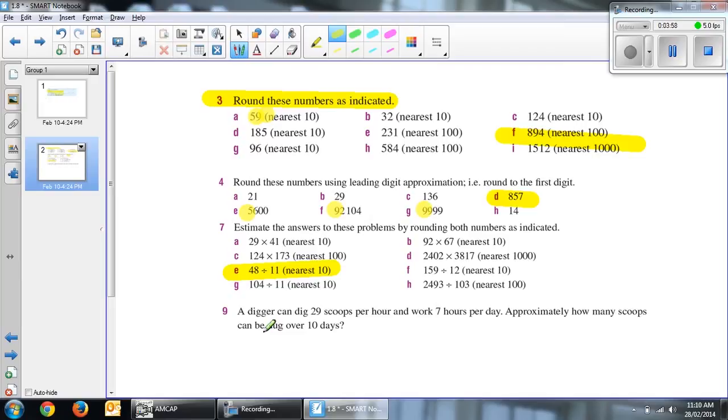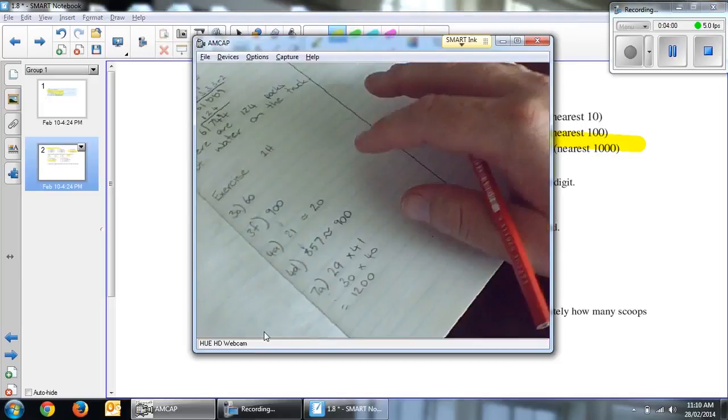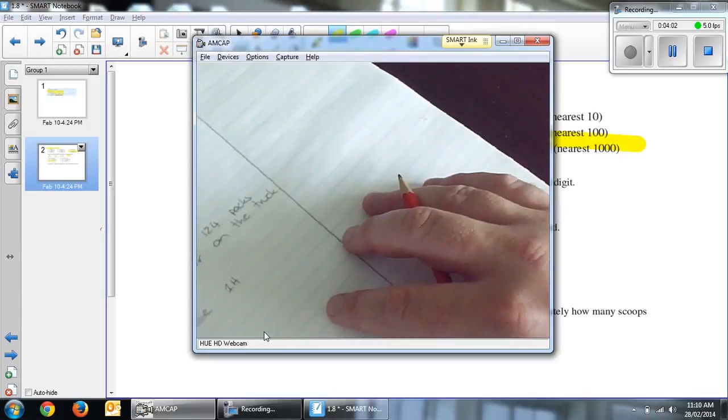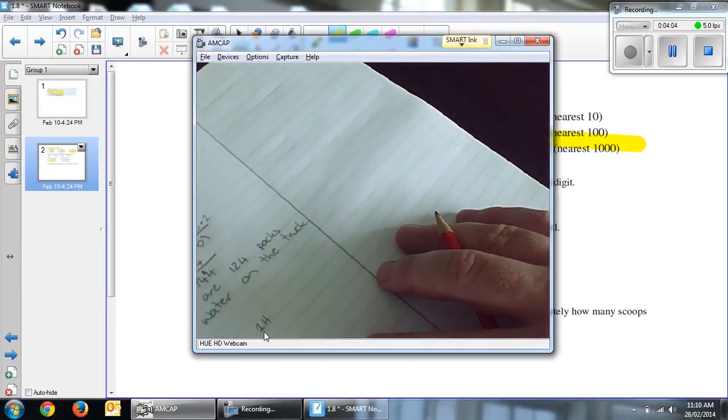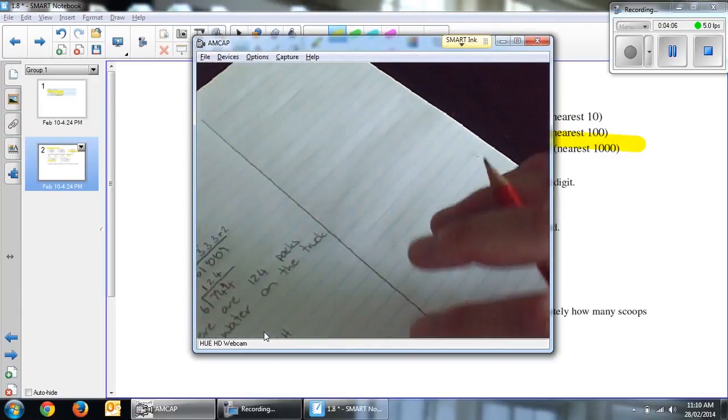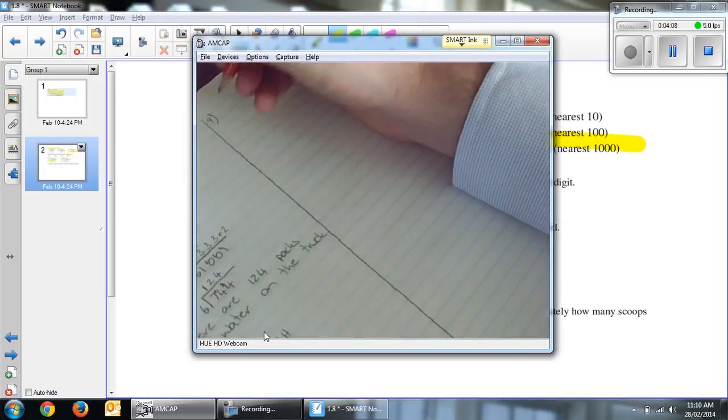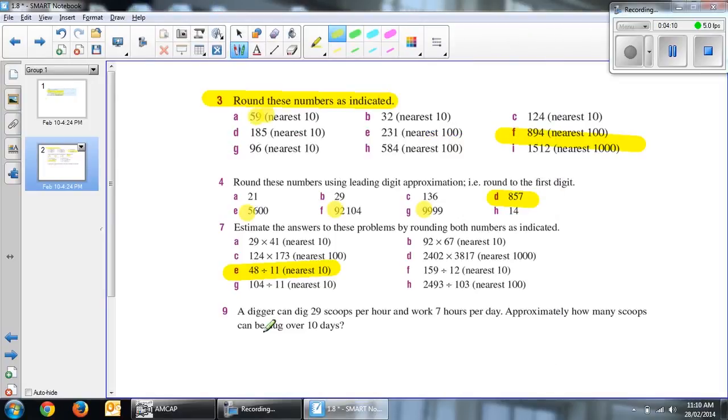Question 9, we'll do a problem solving one. A digger can dig 29 scoops per hour and work 7 hours per day. Approximately, how many scoops can be dug over 10 days? Well, there's a few ways of doing this.